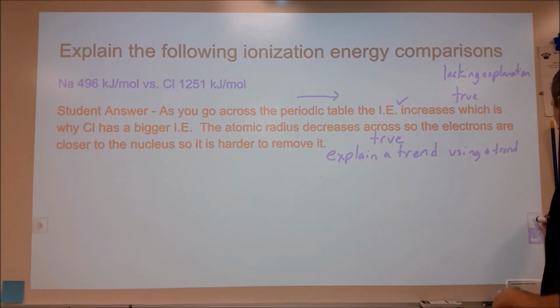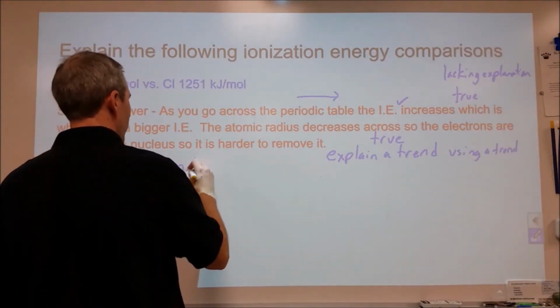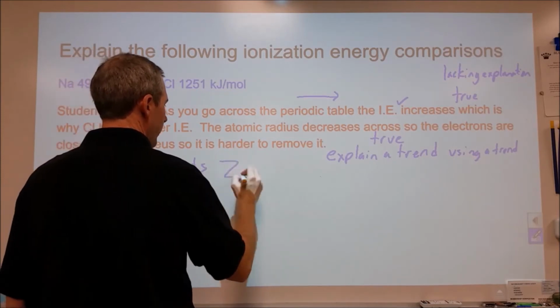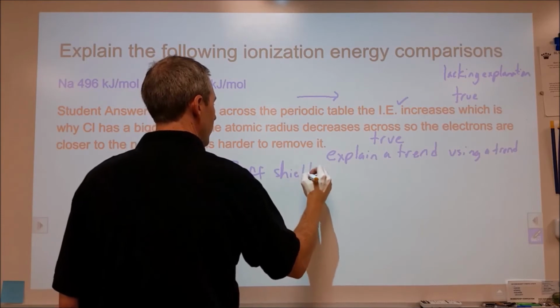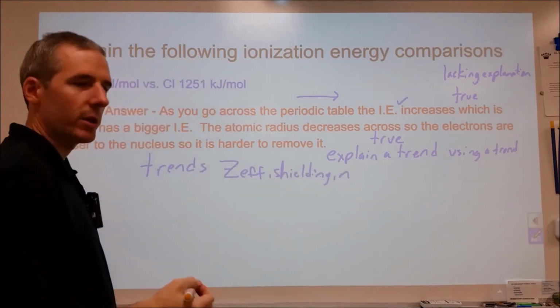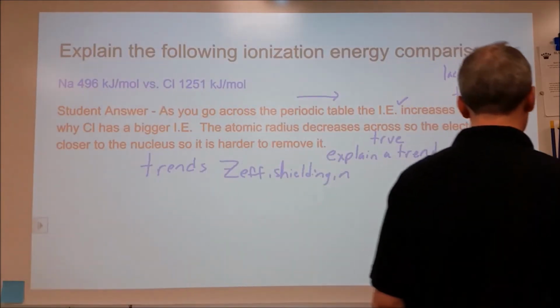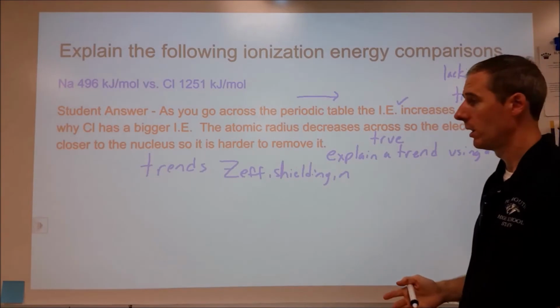What we want to do instead of that is anytime we're explaining trends, we want to use three things to explain: effective nuclear charge, shielding, and principal quantum number or energy level. So if we're not using those three things to give an explanation, then we're probably not going to be looking at a situation where we're really communicating everything that we understand.